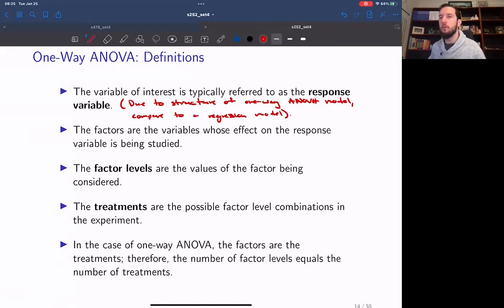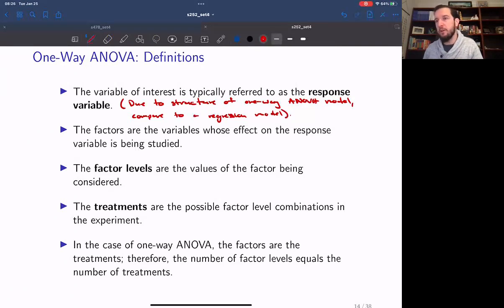Okay. So for the one-way ANOVA procedure, there's actually a statistical model that we use to represent the outcomes. In that model, the variable of interest turns into what is called the response variable. The variable of interest is a function of the group means, and that's why we call it a response variable.